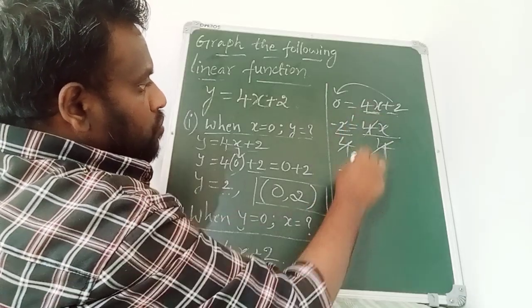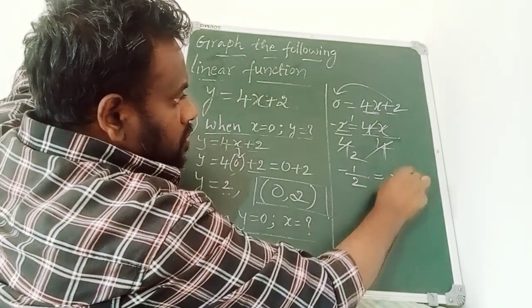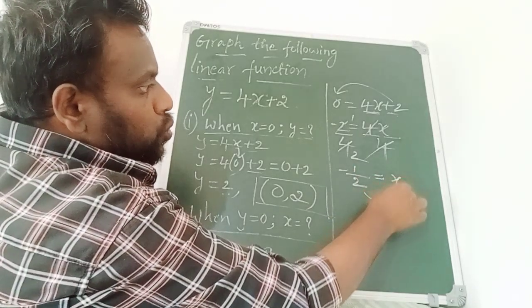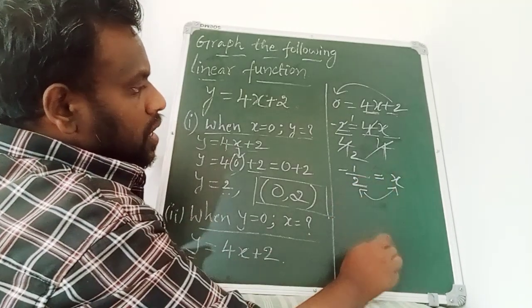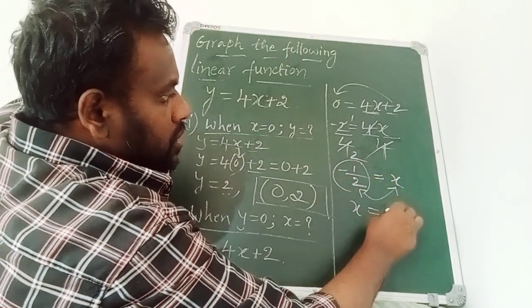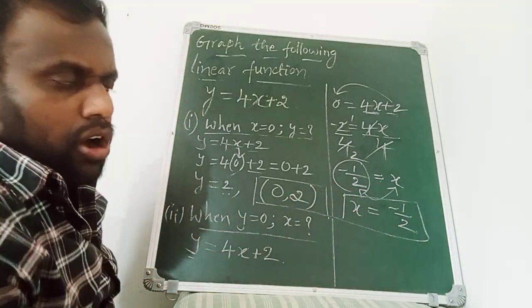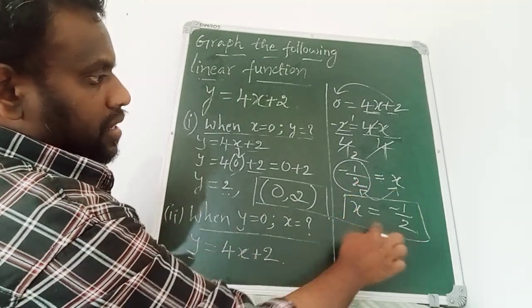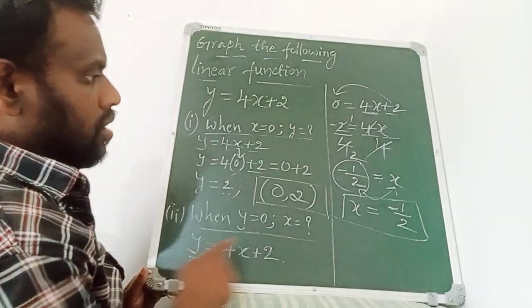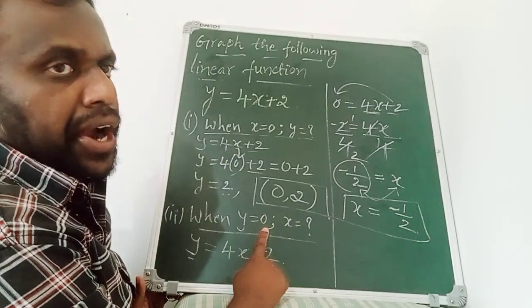This minus 1 divided by this 2 is equal to this x. Since equal sign is there, you can interchange these two, no problem. I mean, write first x, then equal, then write this minus 1 by 2 here. There is nothing wrong, because of this equal sign we can interchange these two. Now, we got x value when y is equal to 0. This x and y values we have to write in point form like this.